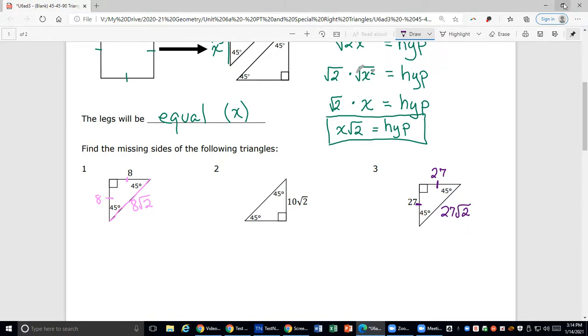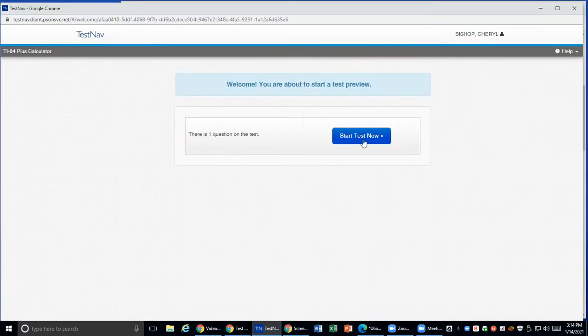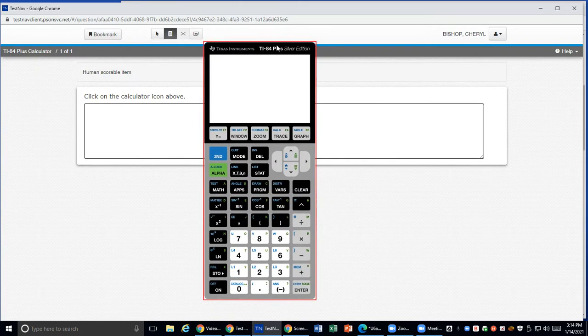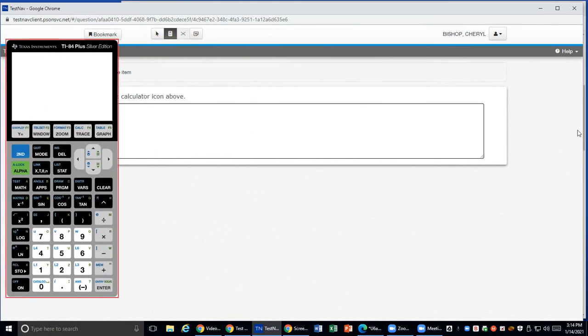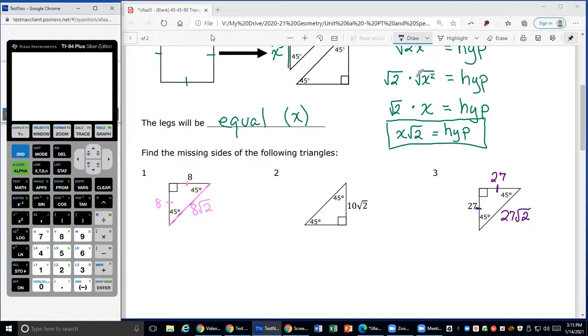We could, if we really needed to for some reason, go get our calculator from CMS. I'm going to move it all the way over to the left. And just like before, I'm going to shrink my screen around it. I already made that one smaller.